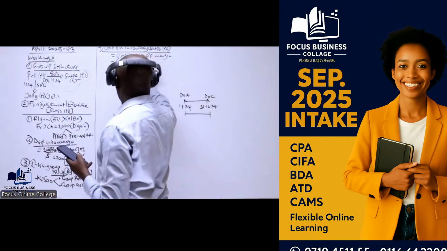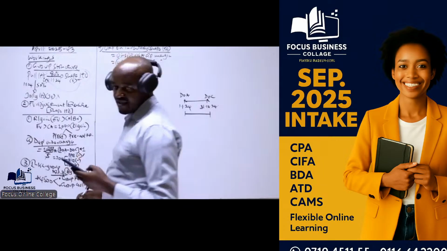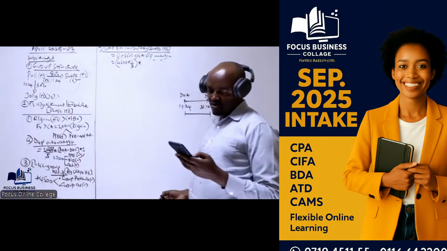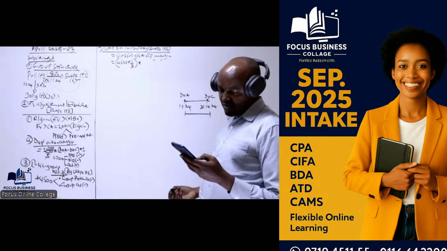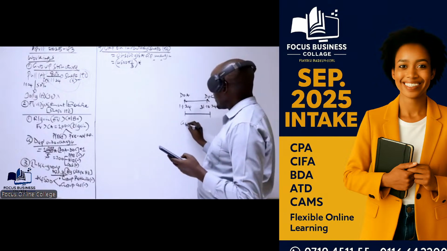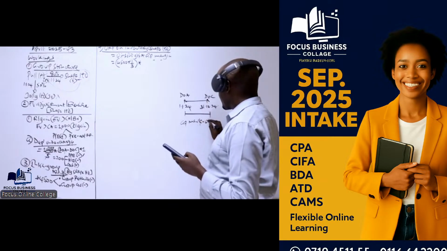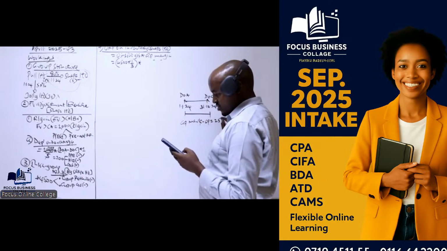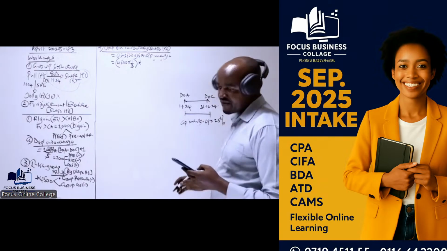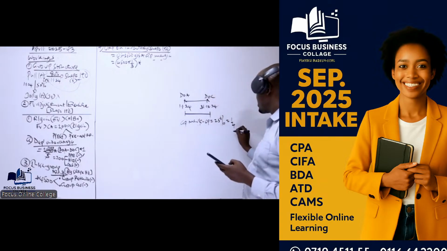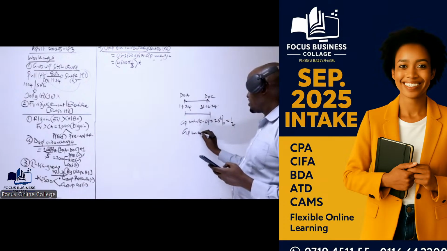So then we need to multiply that with the gross profit margin. Are we given the gross profit margin? No. But in our case, we are given the gross profit markup, which is basically 25%. 25%, remember, is the same as a quarter. So what would be the gross profit margin here?